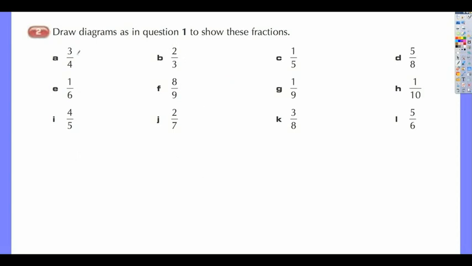So for example, the first one is 3/4. So if I have my square, I can split it into 4 sections in any way, so long as all the sections are the same size. So I can either do it like this, or I can split it in half and then in half again. But I need 3 of them shaded in.